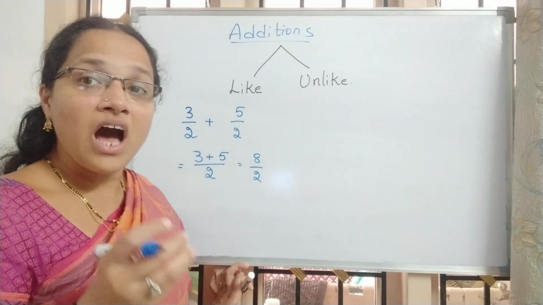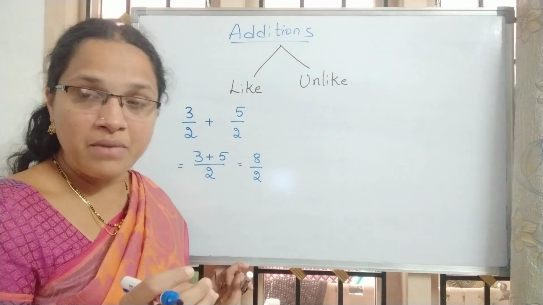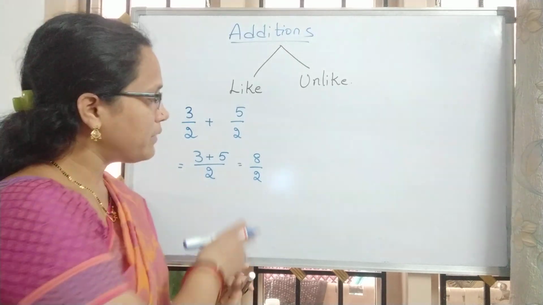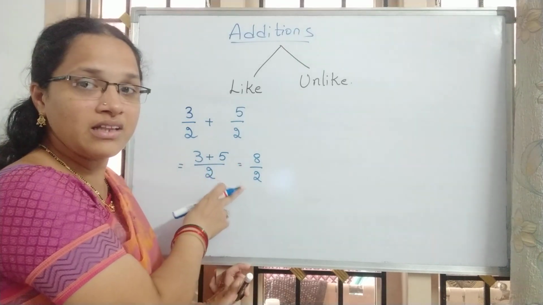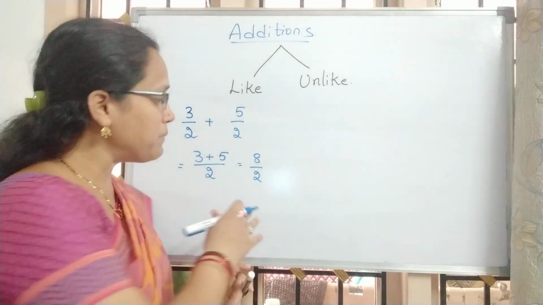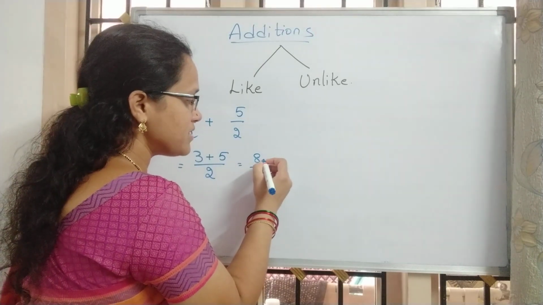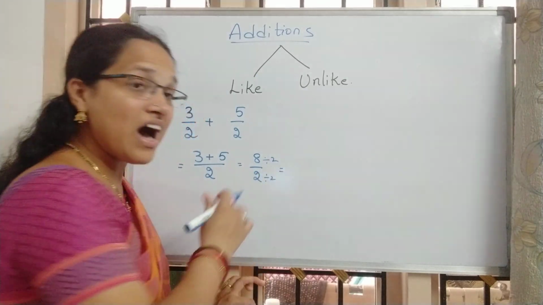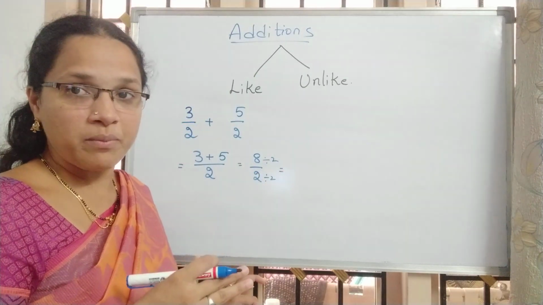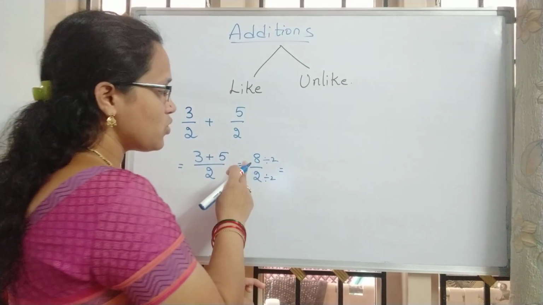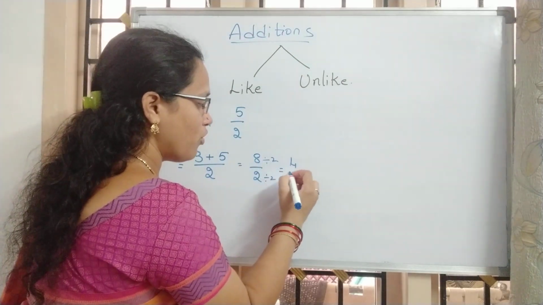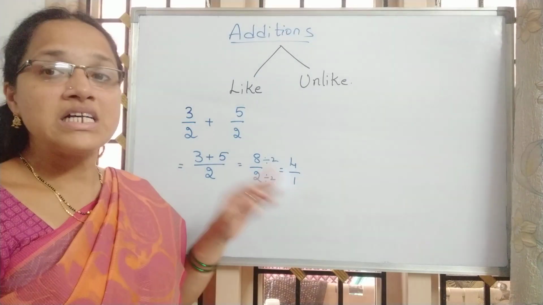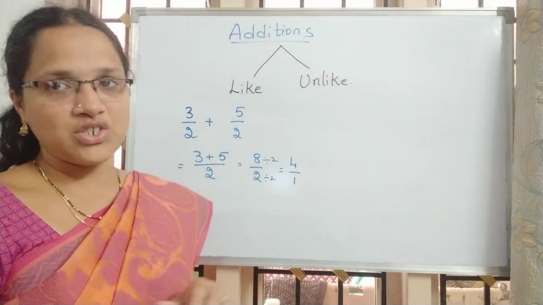If they are not divisible by the same number, they are in the simplest form. Here, we have 8 in the numerator and 2 in the denominator. Both are divisible by 2, as they are even numbers. So 8 divided by 2 is 4 and 2 divided by 2 is 1. Now this becomes the simplest form of the fraction.